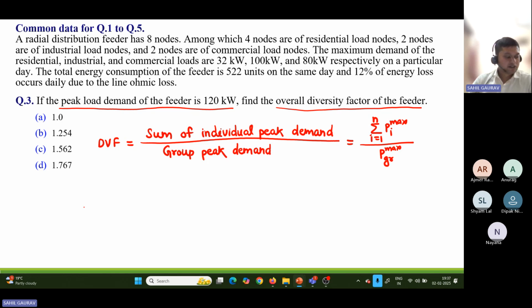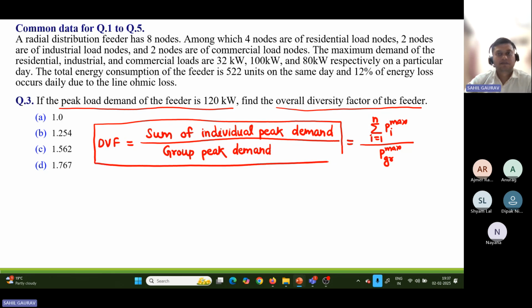So diversity factor is the ratio of sum of individual peak demand to the group peak demand. Now we find the answer. I have provided the expression, and just remember this expression, it will be very useful.